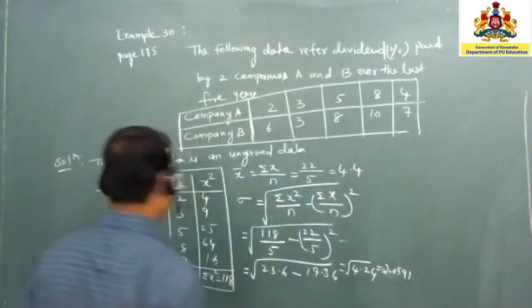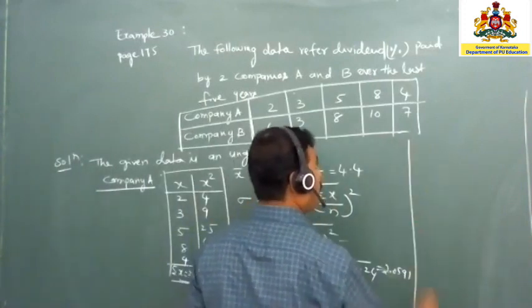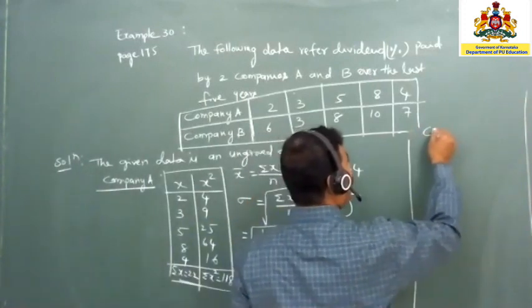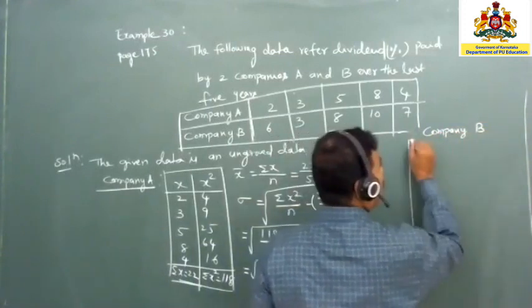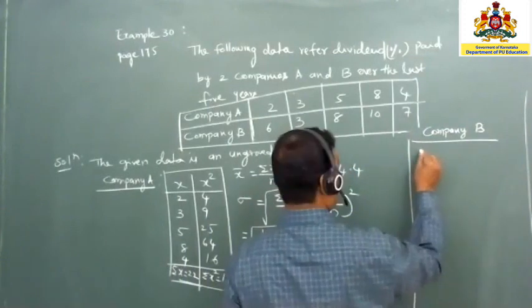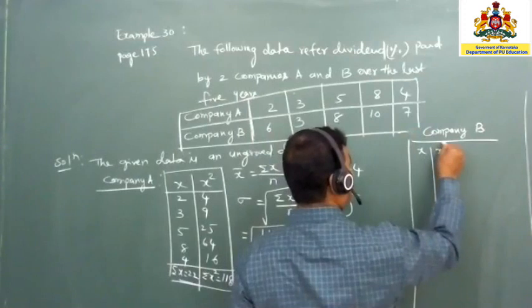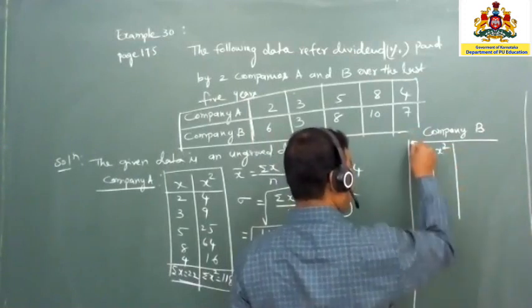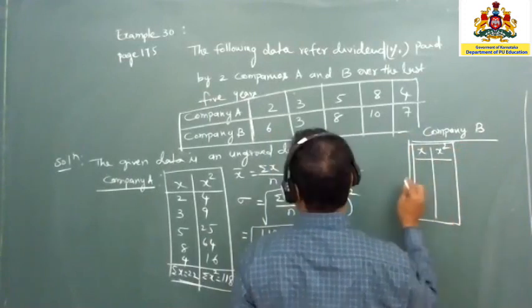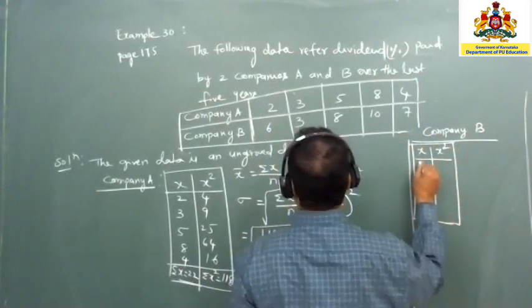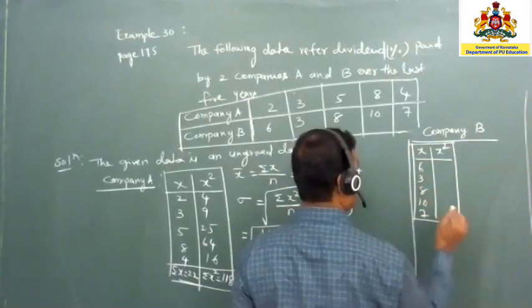company A calculations I have completed. Company B, I'll complete here. For company B calculations, take the given 5 values as x and x square. The x values are 6, 3, 8, 10, 7.